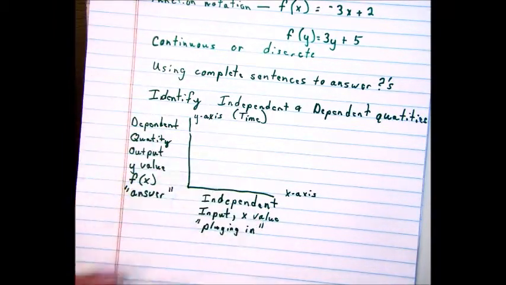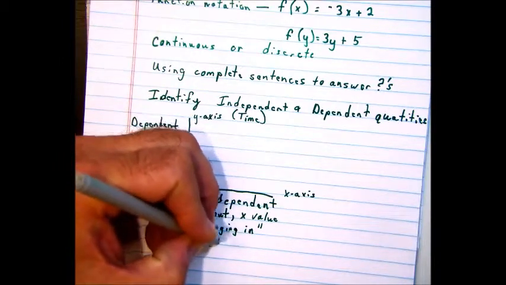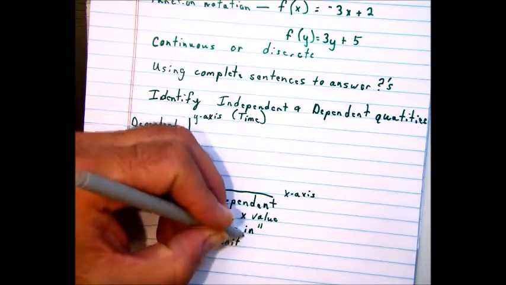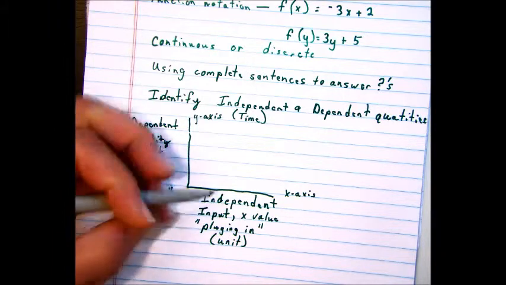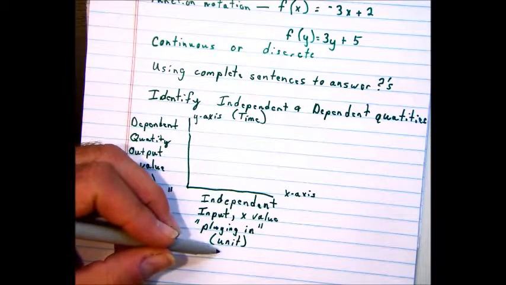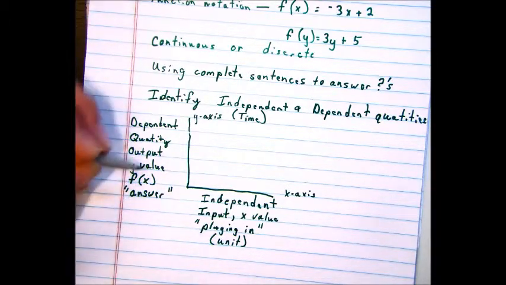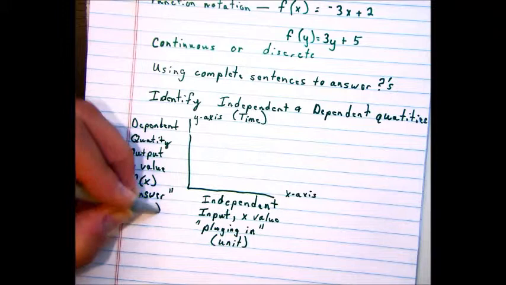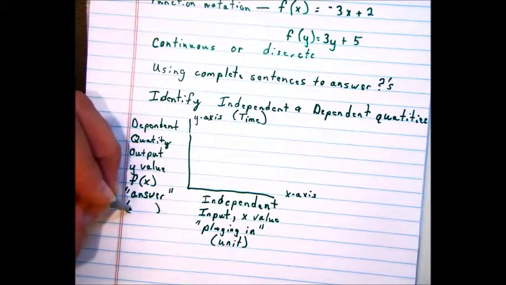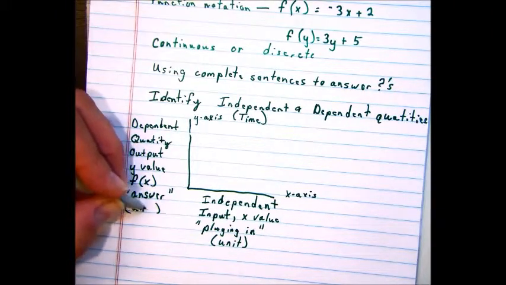Now when we put the dependent and independent in, we also have to put the units that we're measuring them in. So if we had time, the unit would be either minutes or seconds or months or days, some sort of unit of time. And the same thing goes for your dependent quantity. It also is in a unit.